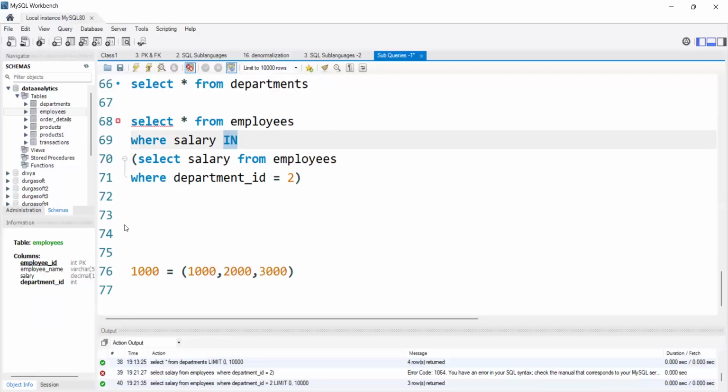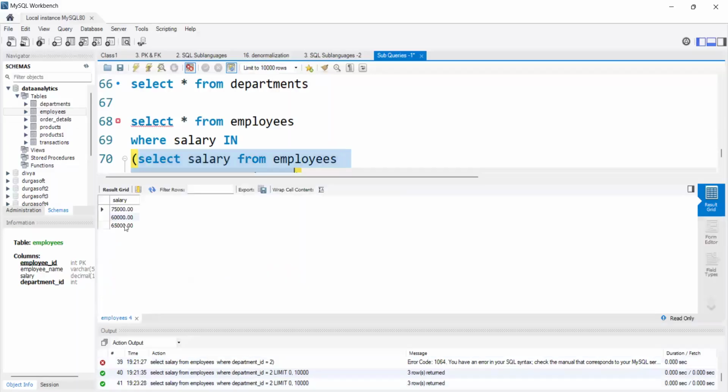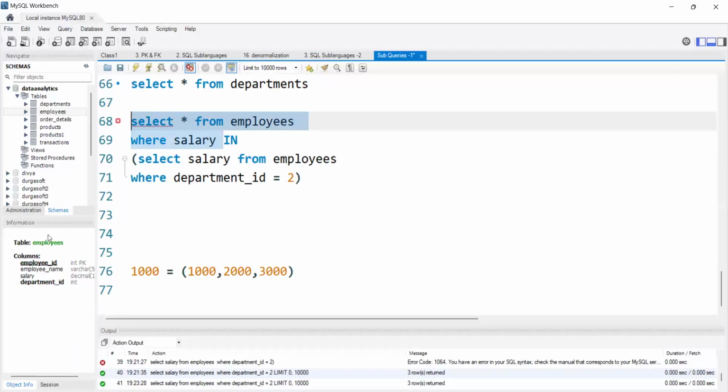Yes, ma'am. Now what SQL will do, first it will execute this inner query. It will fetch the salary of employees where department ID is 2. Just now we saw I got three values here, right? Now it will compare these three values with each and every employee's salary in the employee table, correct?